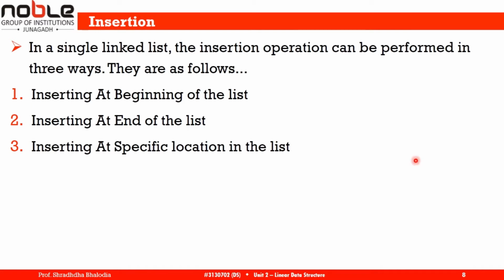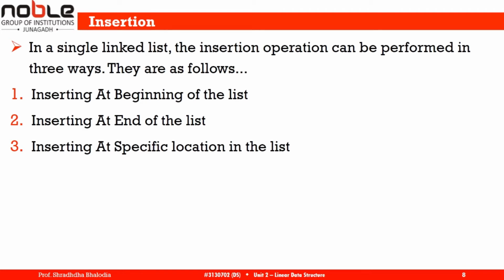We can insert an element at the beginning of the list, we can insert an element at the end of the list, and we can also add an element at a specific location in the list, because a linked list is totally a dynamic concept. So for insertion we have three ways: at the beginning of the list, at the end of the list, and at a specific location in the list.